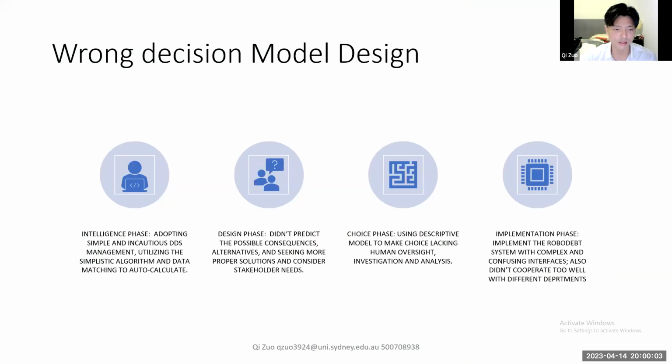Let me introduce the decision-making model design for Services Australia. In the first phase, the intelligence phase, Services Australia adopted simple measurements and utilized a simplistic algorithm and data metrics to automatically calculate the debt for people in the system. But that was completely wrong from the beginning.